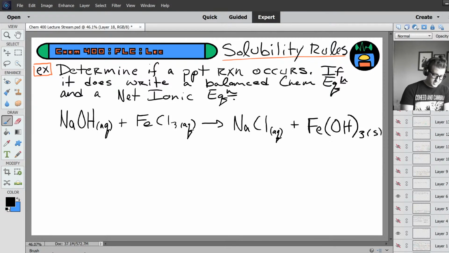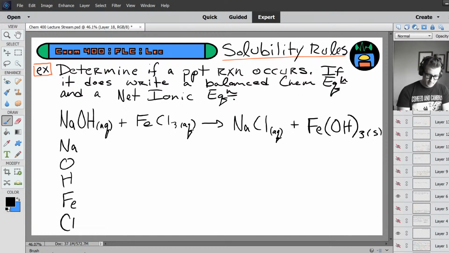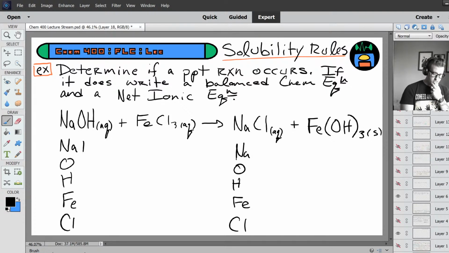So, let's take our chemical inventory, our atomic inventory. We have sodium, oxygen, hydrogen, iron, and chlorine on both sides of this reaction. Sodium is 1, oxygen is 1, hydrogen is 1, iron is 1.